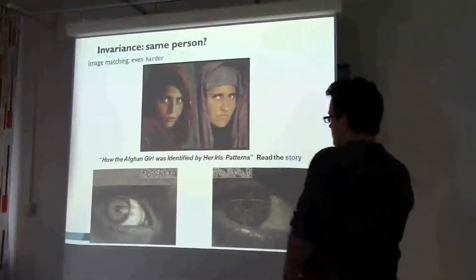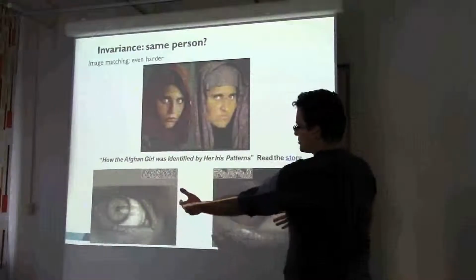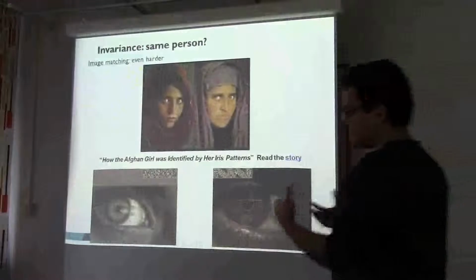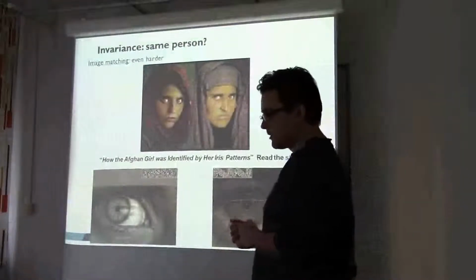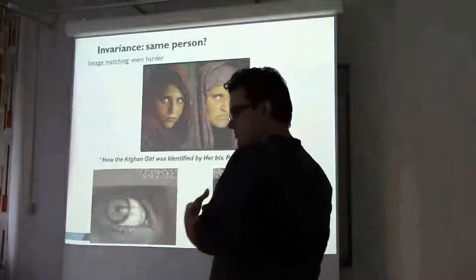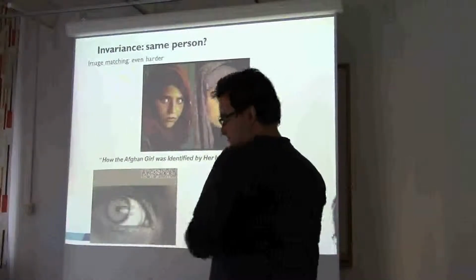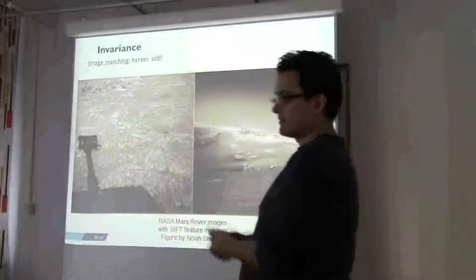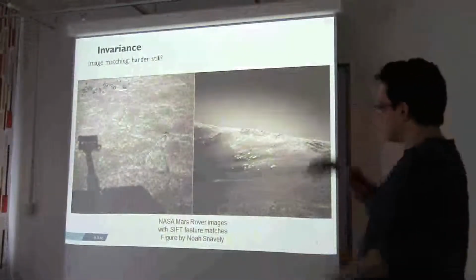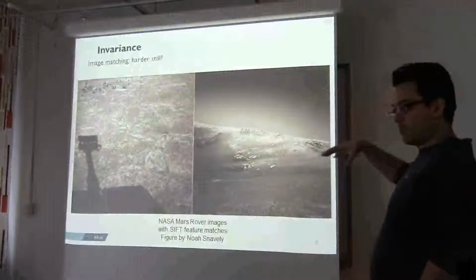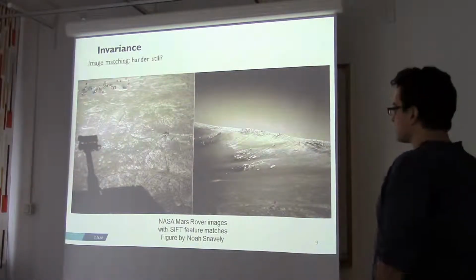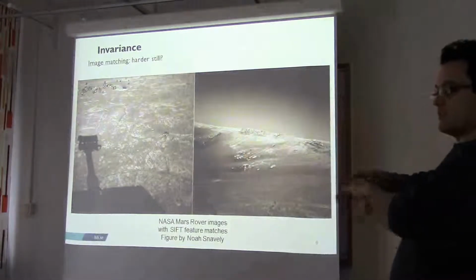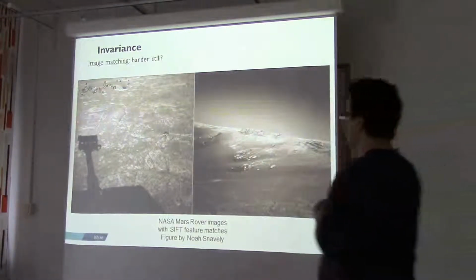But the idea is different pictures taken at different moments in time. How can you say that it's the same person, or the same person in the same scene, or even harder, you take photos from planes or satellites, and then you will have to merge or say that they are from the same place.